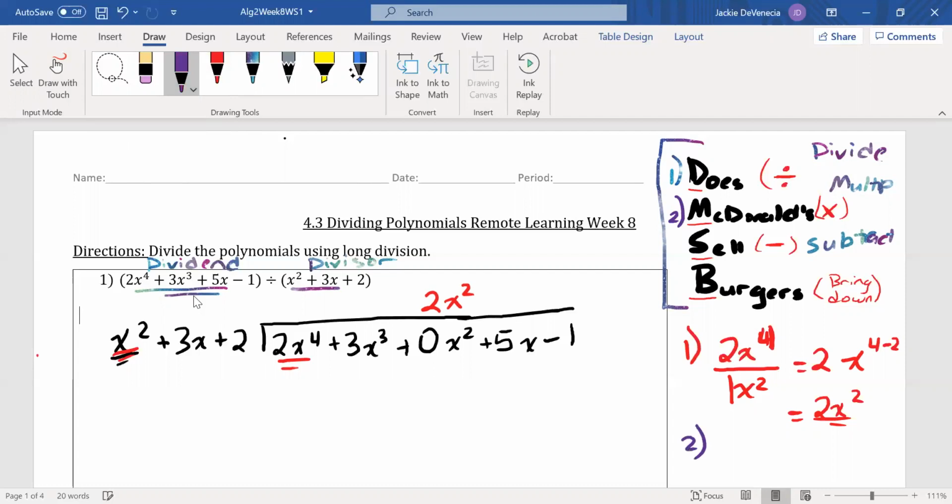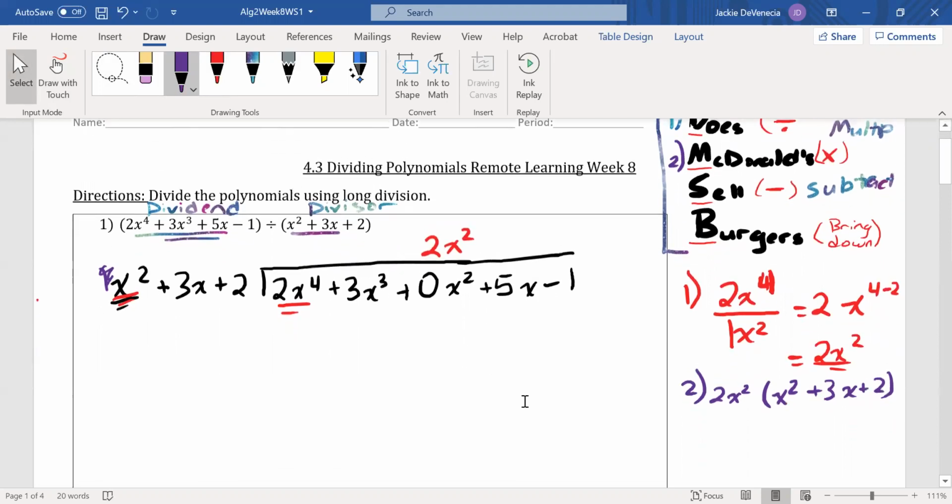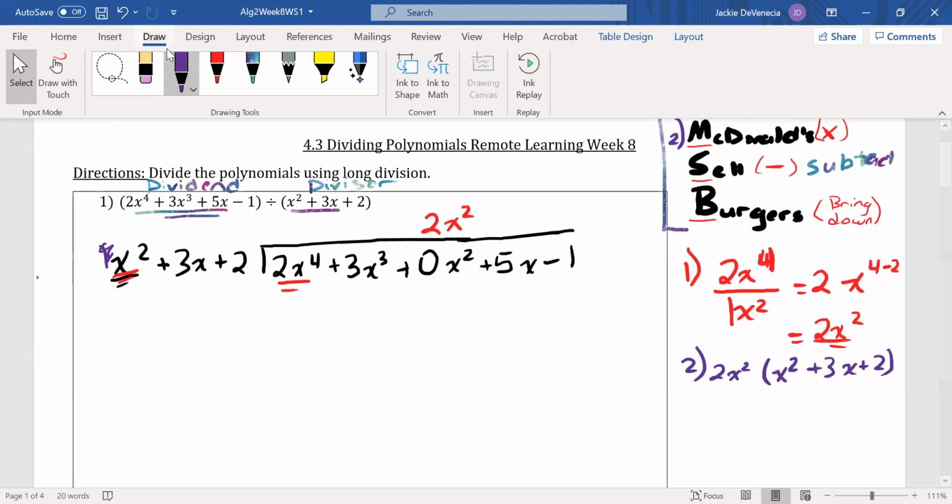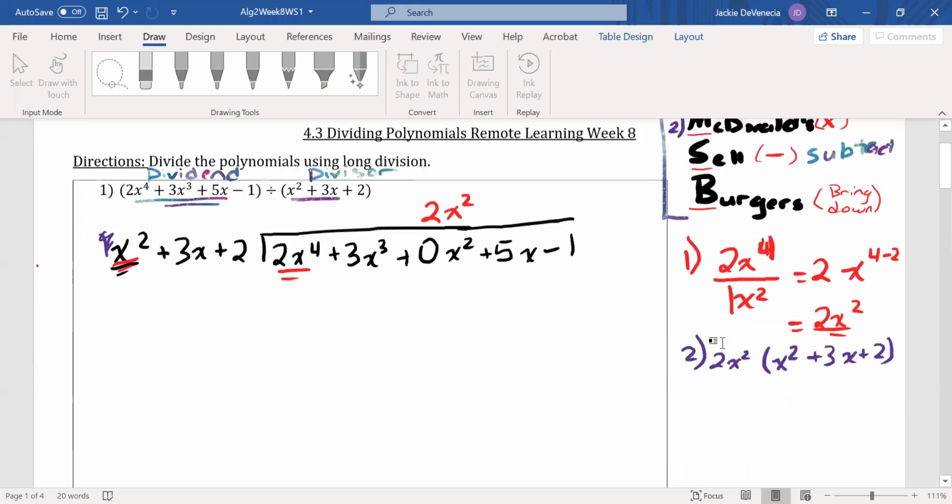So here we're going to take our 2x squared and we're going to multiply it by the divisor. So we're multiplying it or we are distributing it.